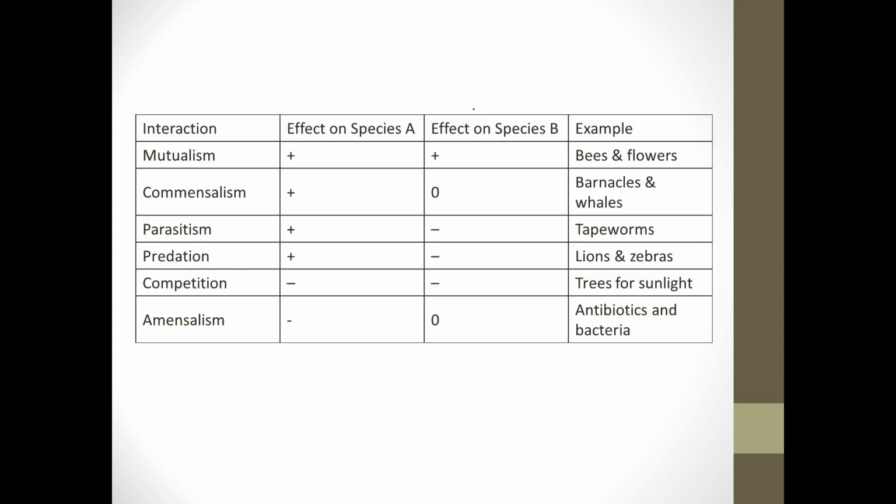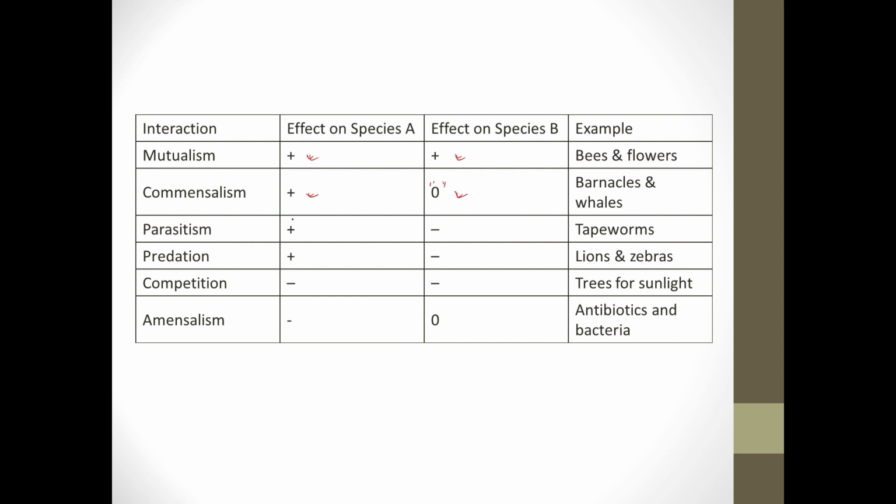Here is the tabular comparison of all the types of interaction and their effect on species. We have seen that in mutualism both of the species are benefited, and in commensalism only one is benefited while the other one is neither harmed nor benefited. We call it neutral.